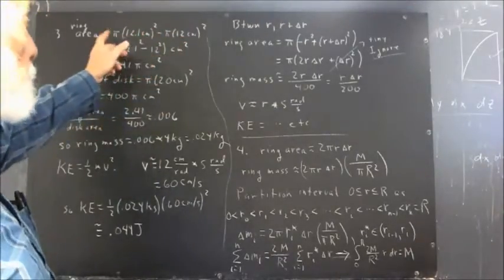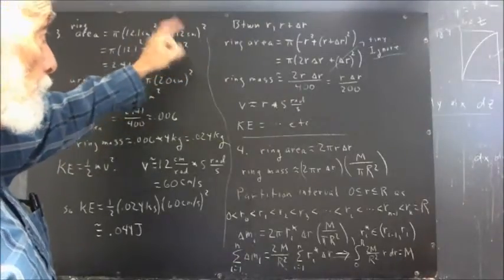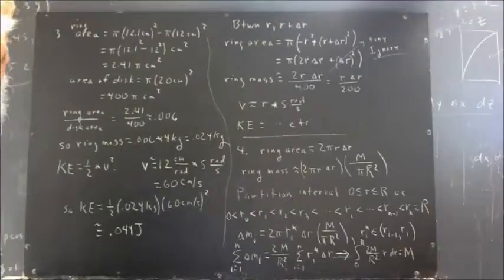So those areas are pi times 12.1 centimeters quantity squared, and pi times 12 centimeters quantity squared.